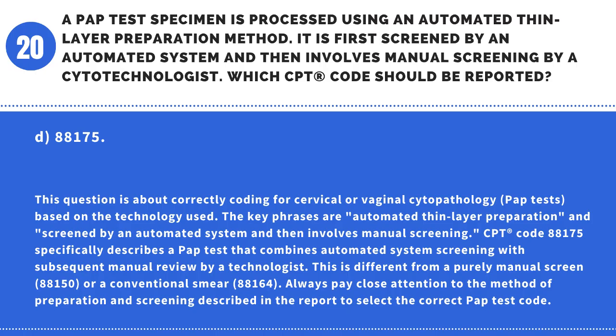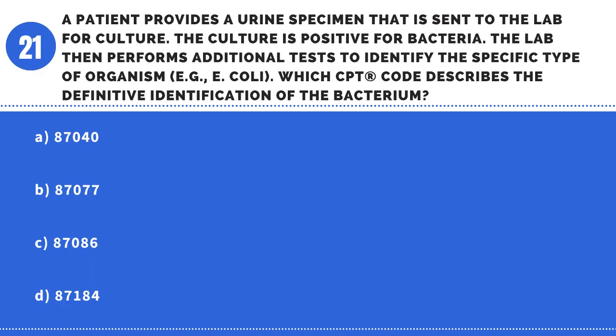CPT code 88175 specifically describes a Pap test that combines automated system screening with subsequent manual review by a technologist. This is different from a purely manual screen, 88150, or a conventional smear, 88164. Always pay close attention to the method of preparation and screening described in the report to select the correct Pap test code.